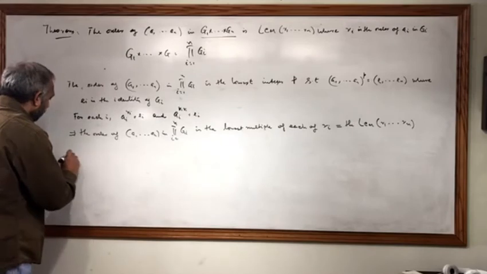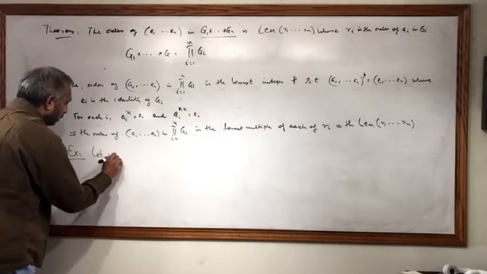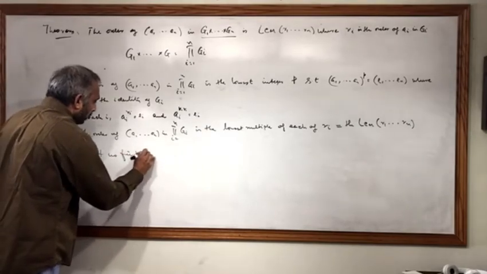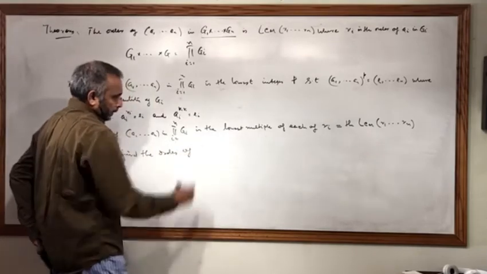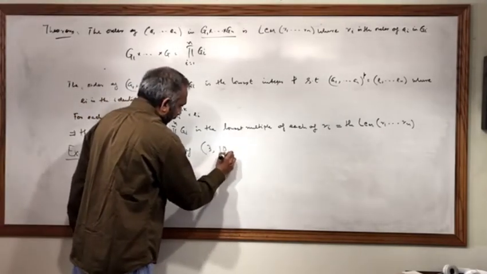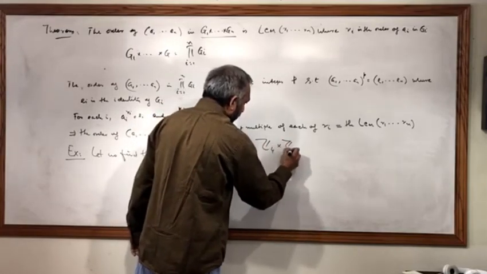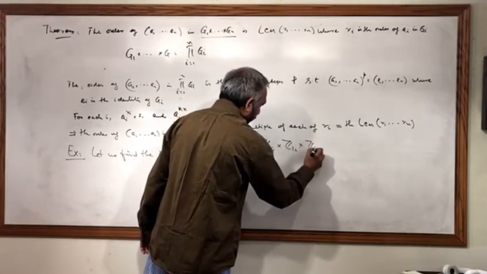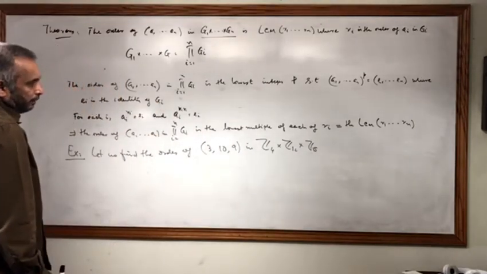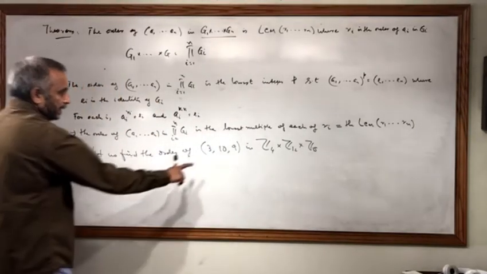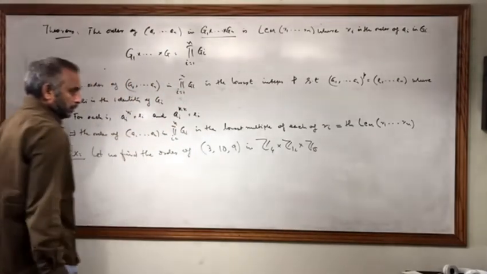We'll do an example here. Let us find the order of, say, (3, 10, 9) in C4 cross C12 cross C15. This is an element in this direct product, and we want to find out the order of this.